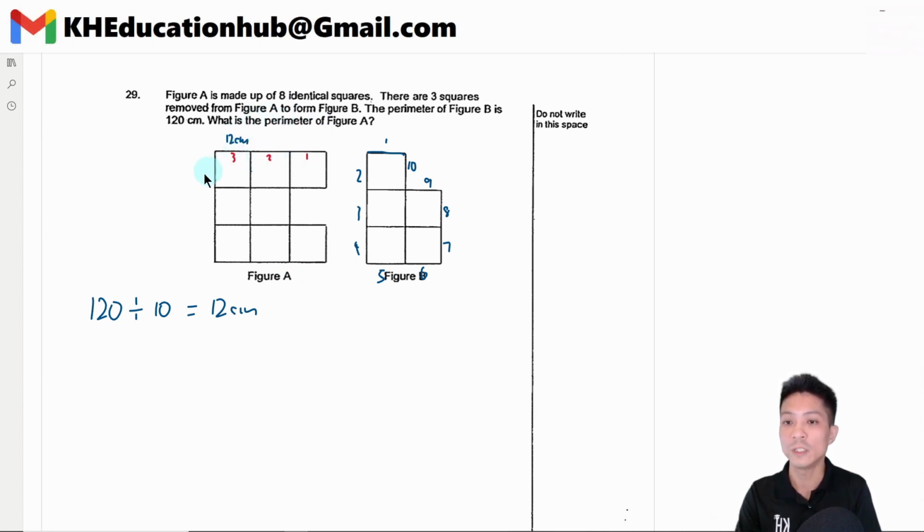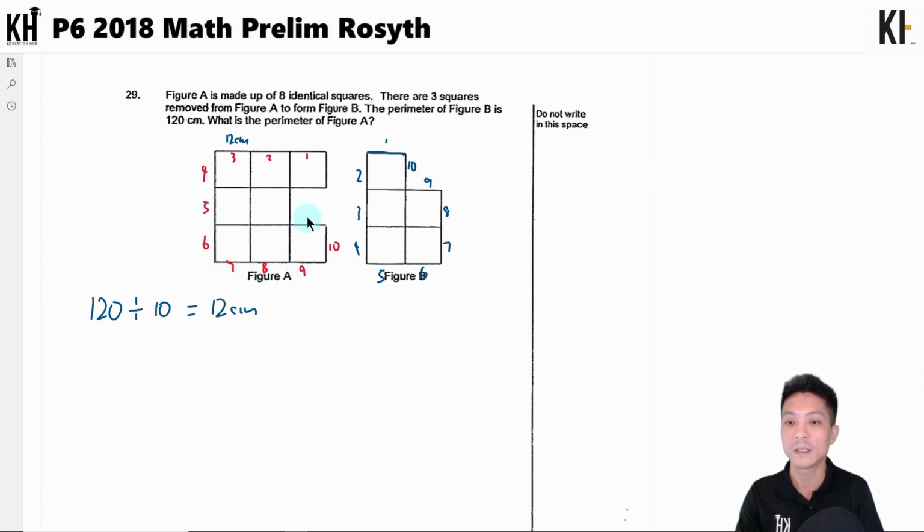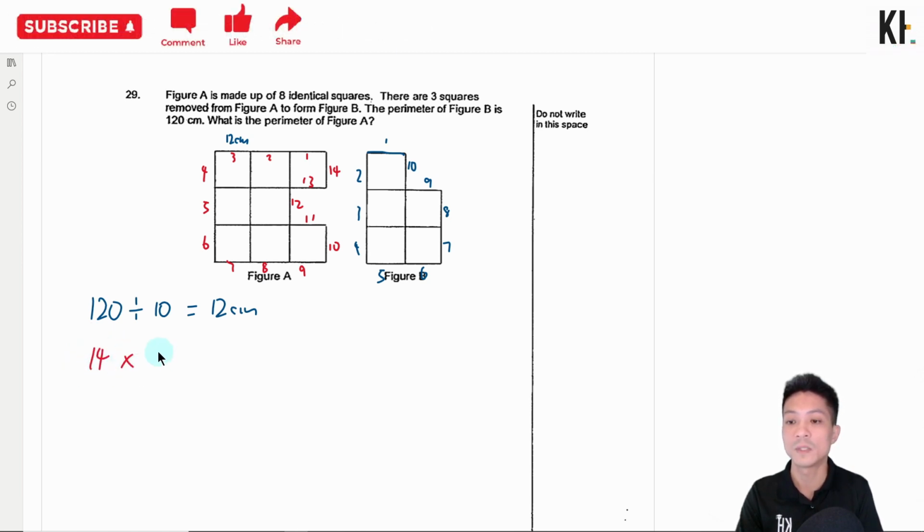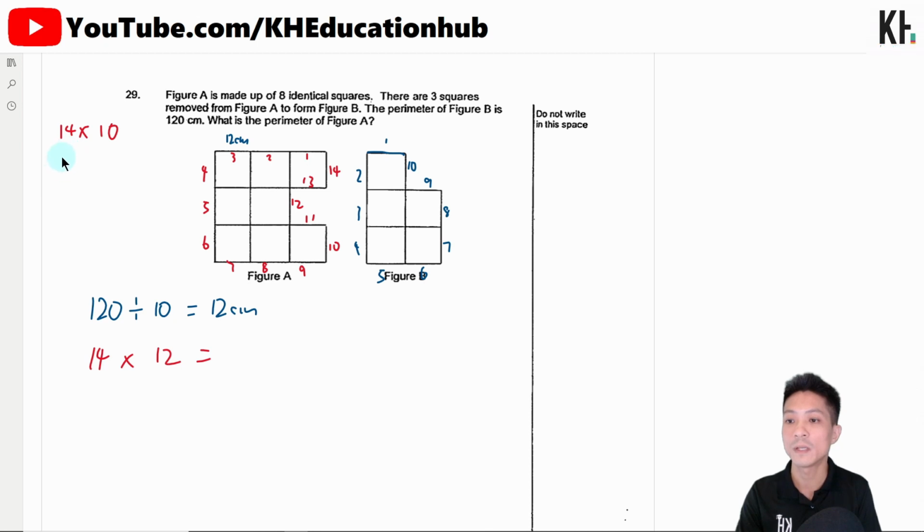Okay, 1, 2, 3, 4, 5, 6, 7, 8, 9, 10, 11, 12, 13, 14. So the next step I'm gonna do 14 times 12. So I'm gonna do 14 times 10 plus 14 times 2.